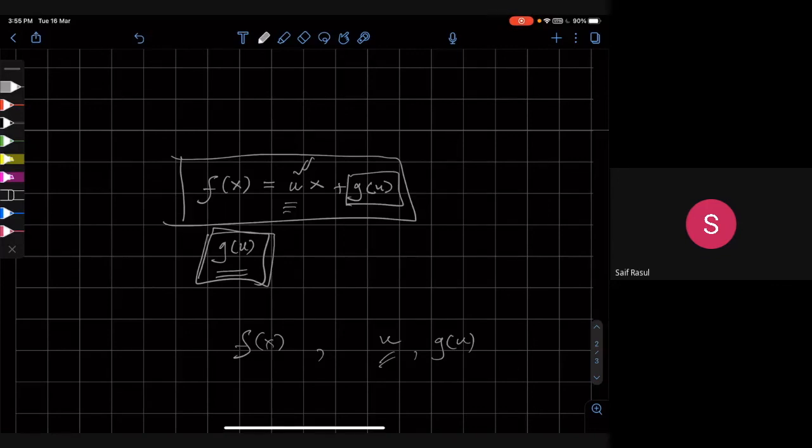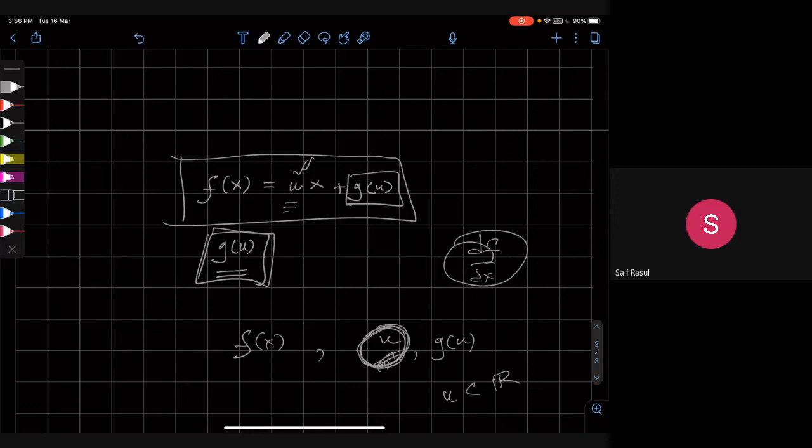So you treat this as an independent variable, and you don't need to know how u was derived from f of x. You just think of u as taking values in the real line. That's all you need.